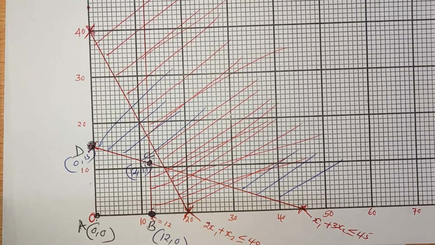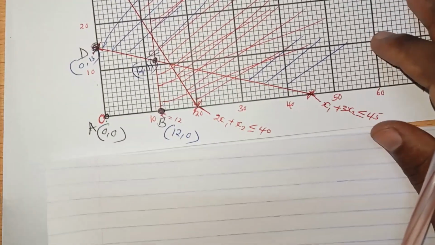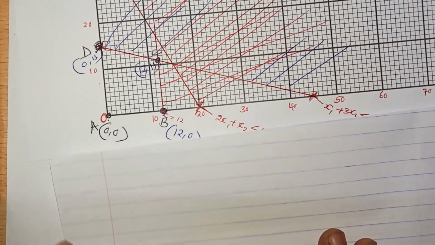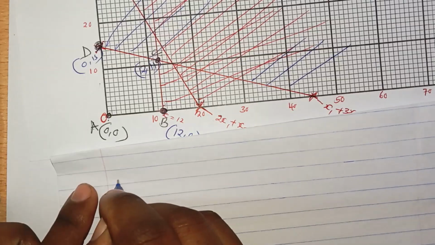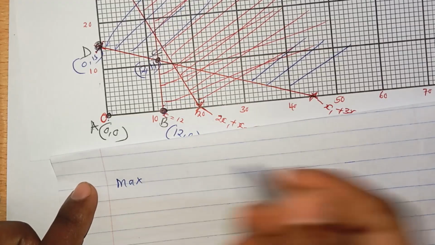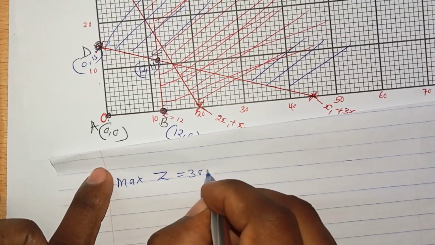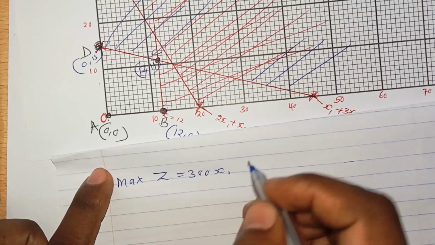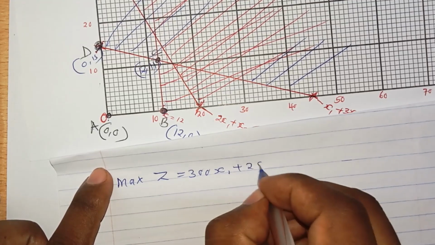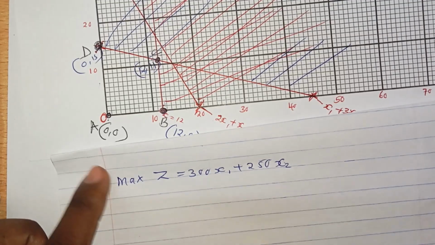So that we can find the maximum, we write: maximize the objective function, which is z equals 300 x1 plus 250 x2.